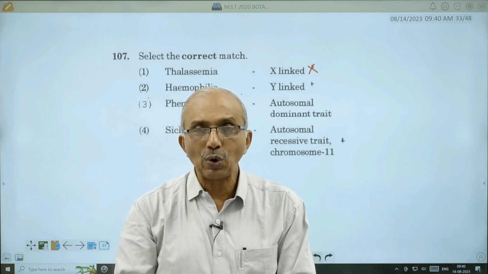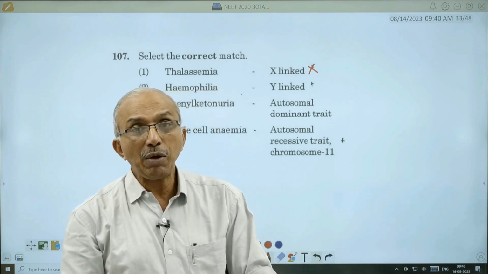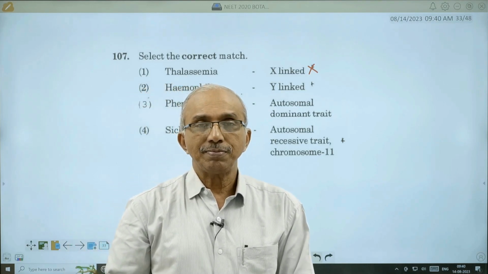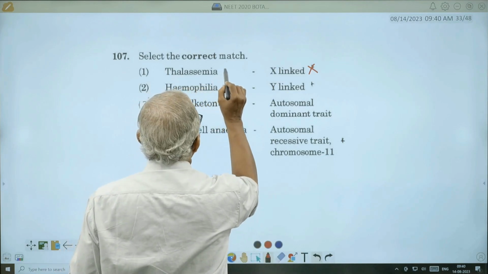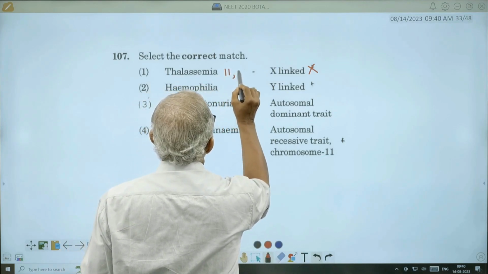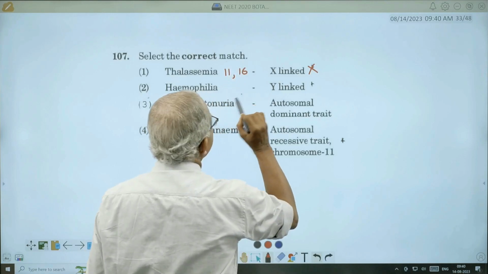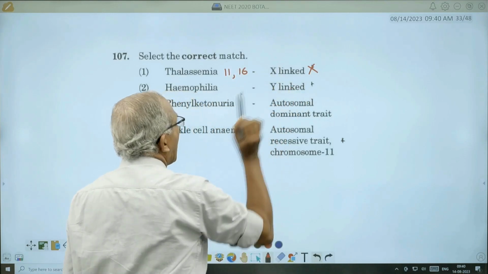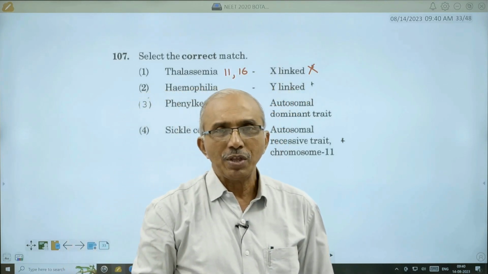Thalassemia is an autosomal disorder, and the defective alleles are present on chromosome 11 and chromosome 16, not on the X chromosome.